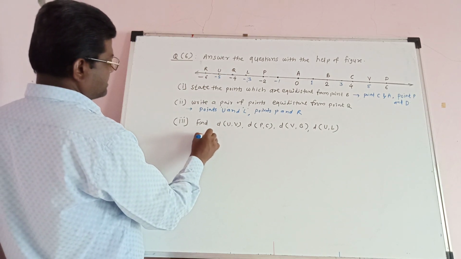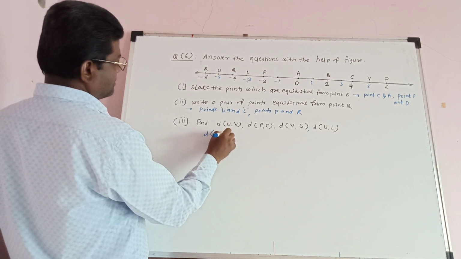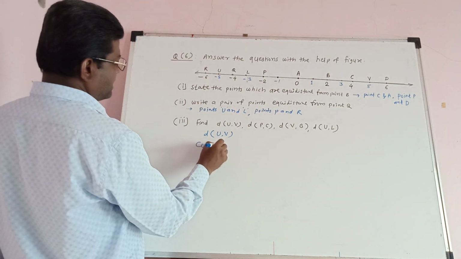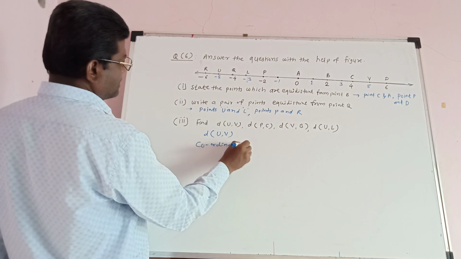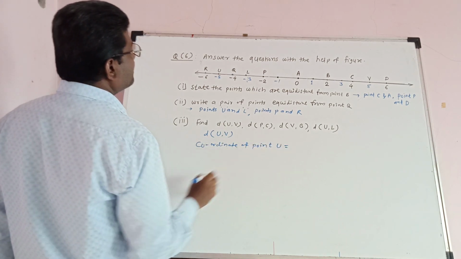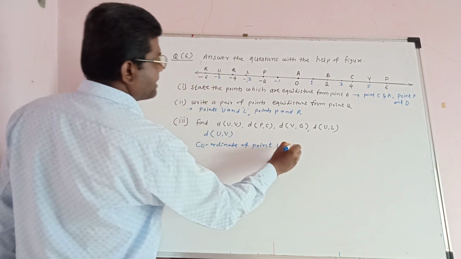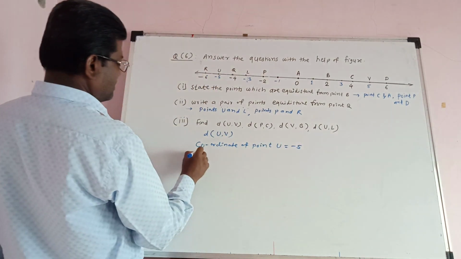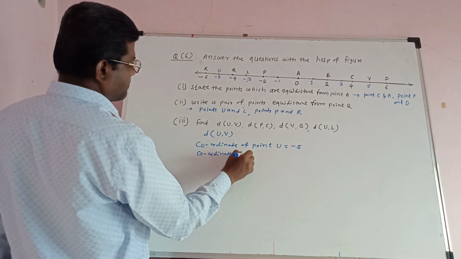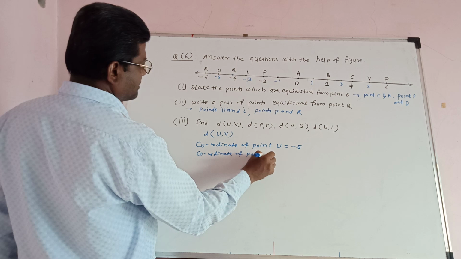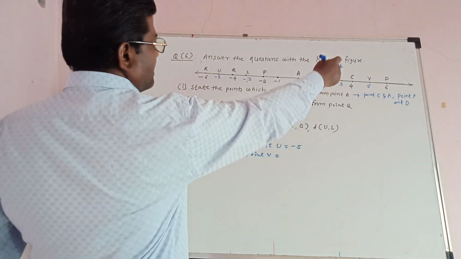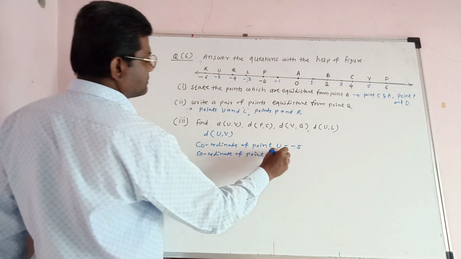Let us solve the distance of UV. So we find the coordinate of point U, that is minus 5, and the coordinate of point V is, where is the V point? V is equal to 5 also.